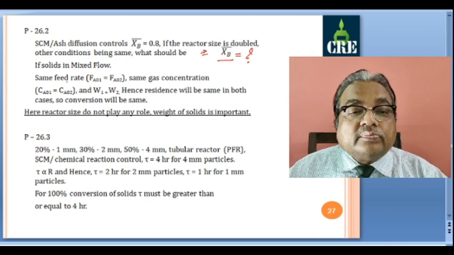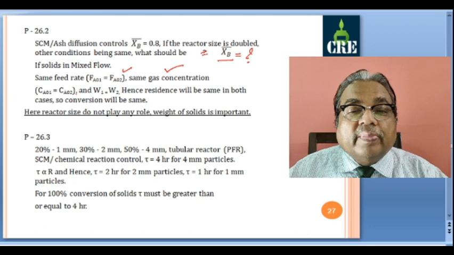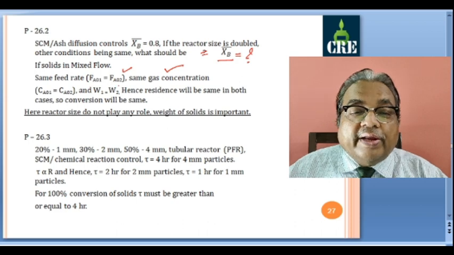So here feed rate remains same, gas composition same. So FA01 and FA02 are same, CA01, CA02 are same. So 1 I am using for the original reactor, 2 I am using for the reactor when we are doubling the size. Conditions W1. Okay, reactor size is doubled, feed rate remains same, so same weight will be there.